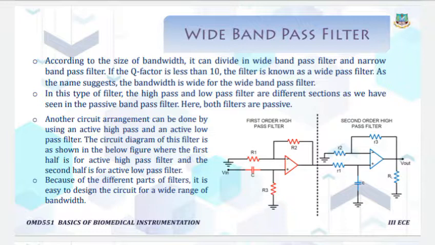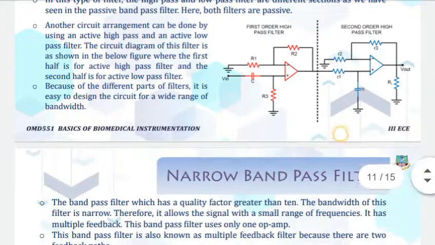The first half shows the active high pass filter and the second half shows the active low pass filter. Okay, so this is easy to design for a wide range of bandwidth. Okay, so this is mainly used where we are using a wide range of bandwidth. Okay, just have a look at this.